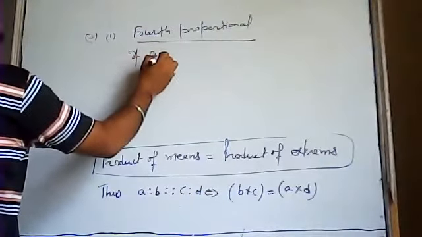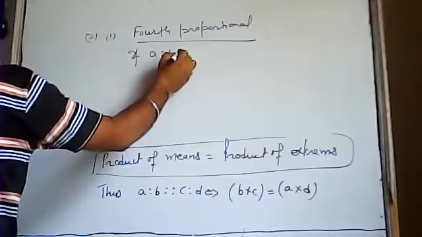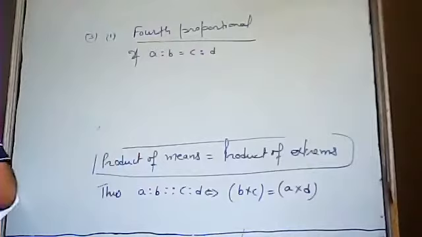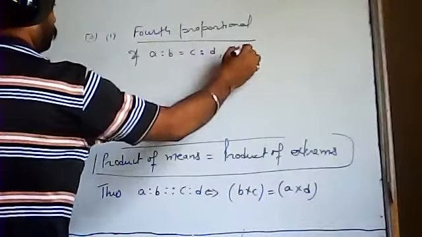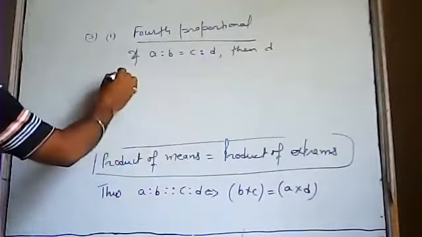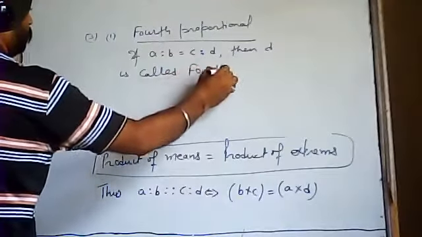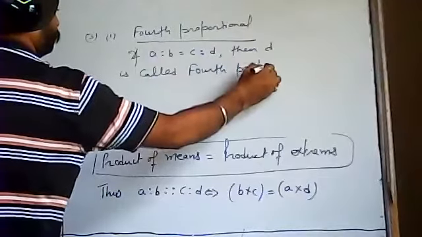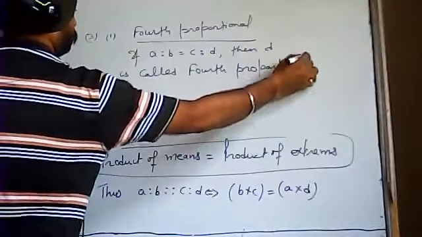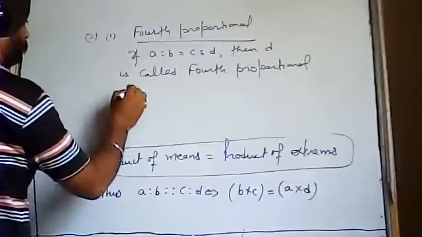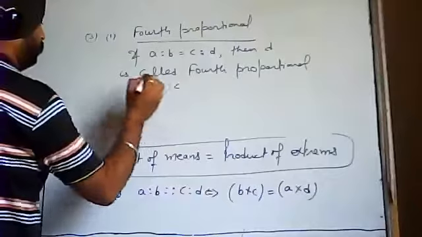If A ratio B equal to C ratio D, then D is called fourth proportional to A, B, C.